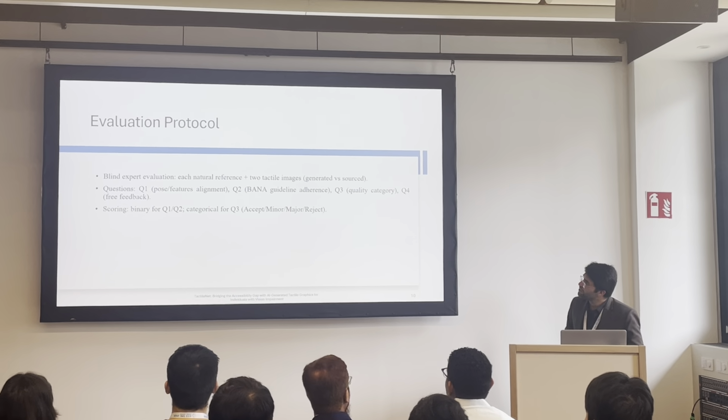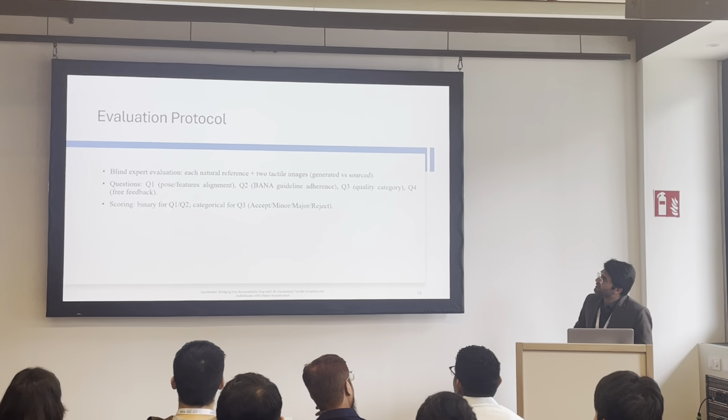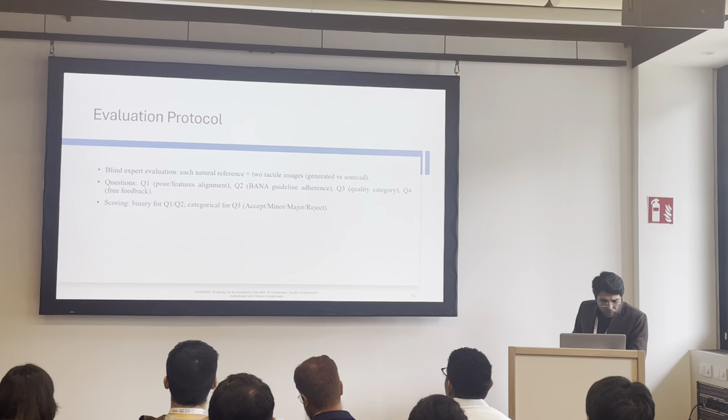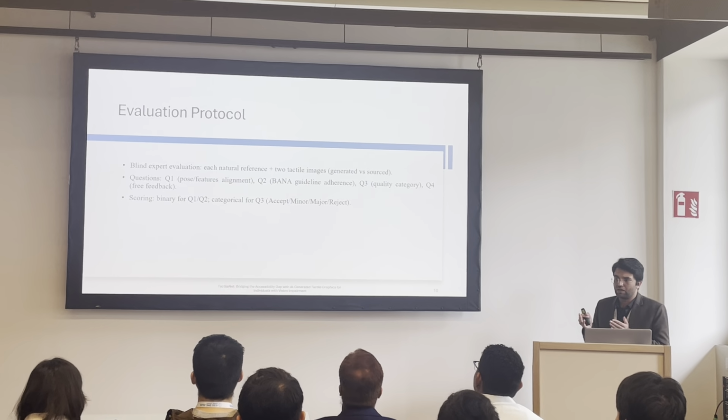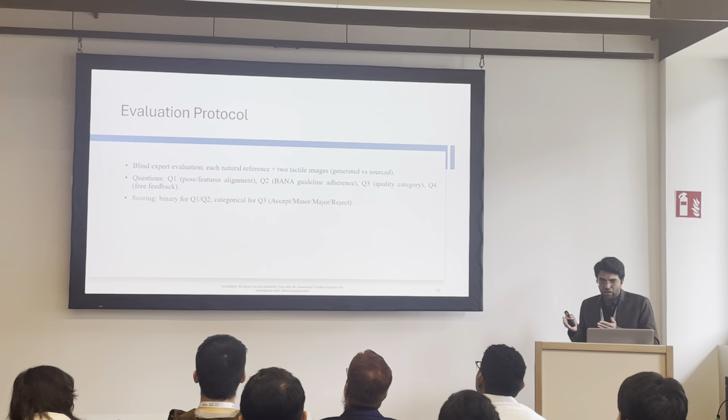So for the evaluation protocol, blind expert evaluation was done. For example, each natural reference image was paired, with the help of our volunteers at our lab, to basically come up with two versions of it. One was generated and one was the scrap image taken from the libraries.